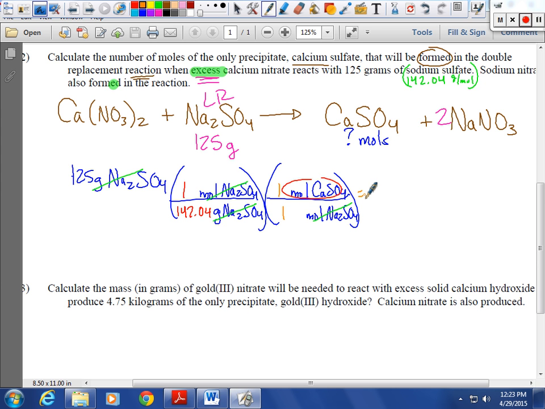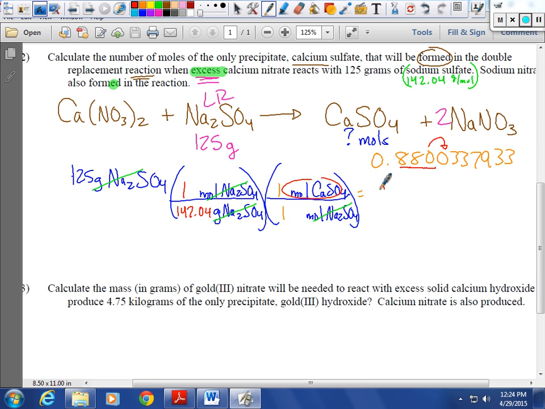This is what shows up in the calculator: 0.8800337933. So I need 3 sig figs. What number do you start counting with? Start counting with an 8. So 1, 2, 3. Look right there.